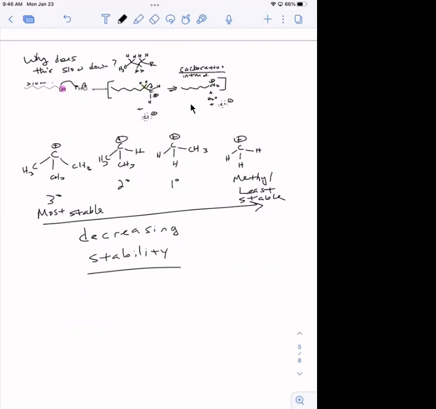What do you think? The methyl is the worst, primary is the second worst, right? So that's one thing in chemistry you never want to do is form a primary carbocation, right? It's not stable. It's very unstable.